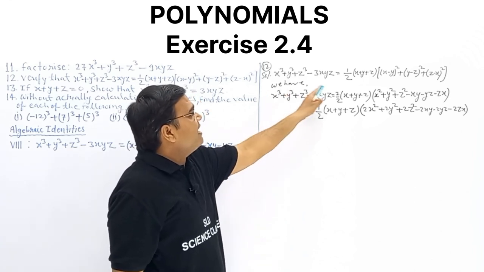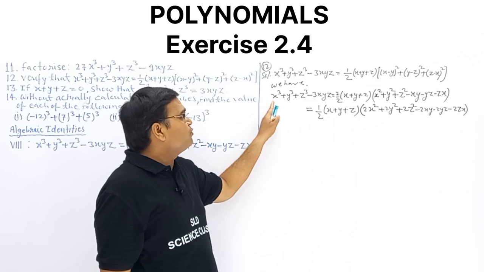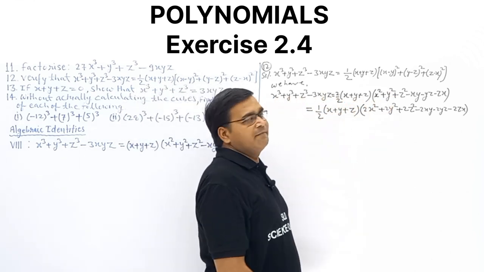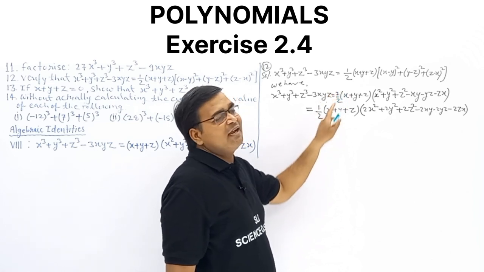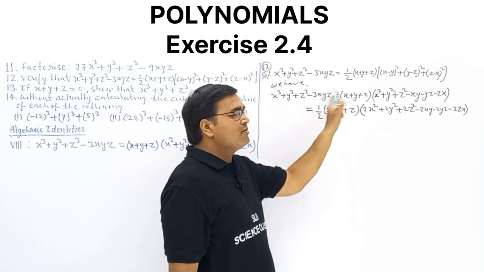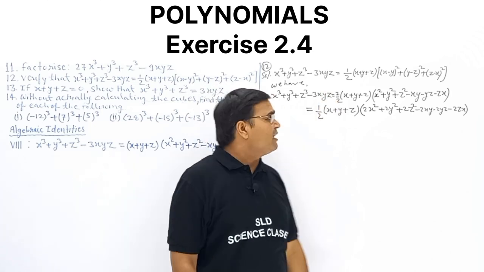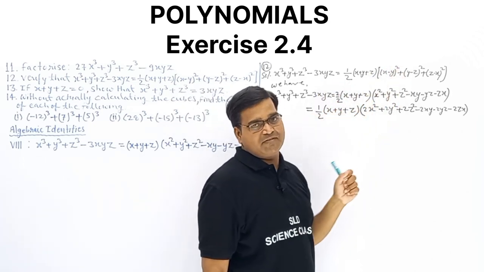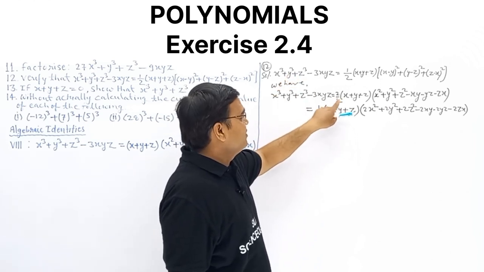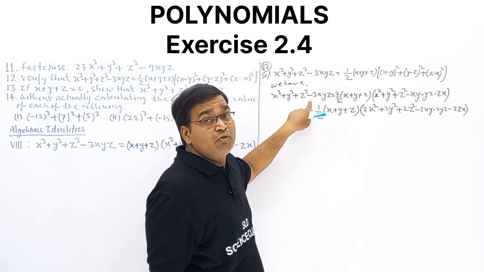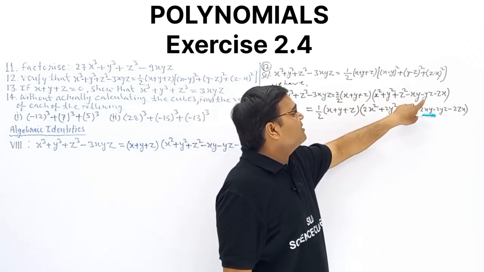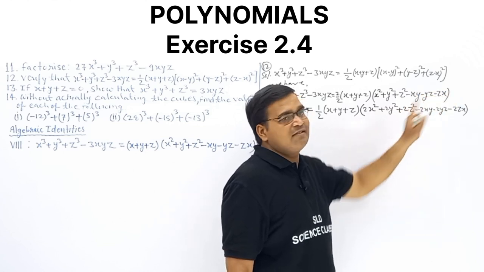We know this is the algebraic identity 8th one, x cube plus y cube plus z cube minus 3xyz equal to this one. Once we multiply and divide by 2, the result is unchanged. We are getting the same result. But we want these expressions. So we are taking the left hand side, its value using identity 8th: x plus y plus z into x square plus y square plus z square minus xy minus yz minus zx.